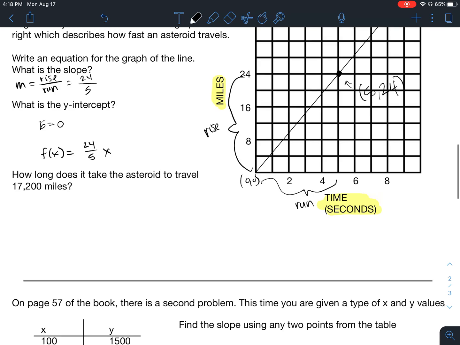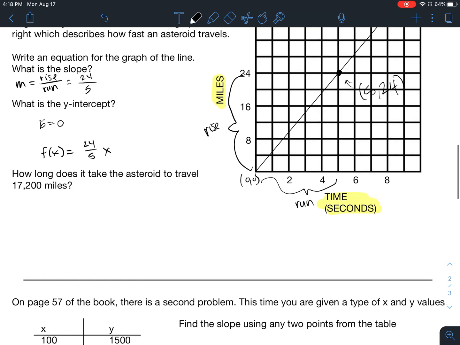If we want to find out how long it takes when it travels this many miles? Well, again, we don't know. We're trying to find our x value after it's traveled so many miles. So this is our y value, right? So let's plug that into our function.